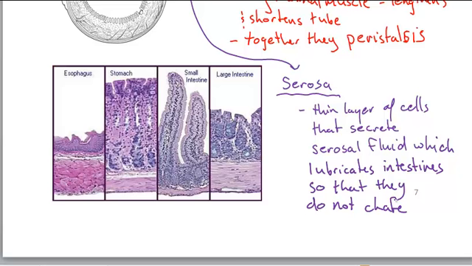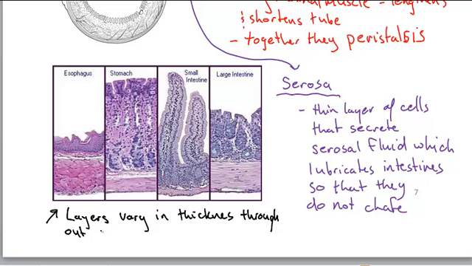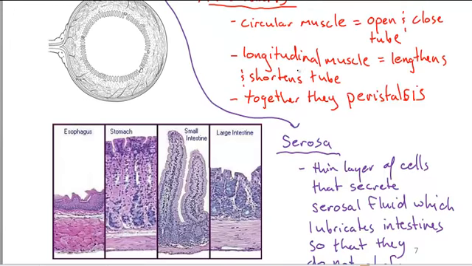Okay. And here is just a picture of how these layers vary in thickness throughout the digestive tract. Depending on what the function of that region of the digestive tract is.